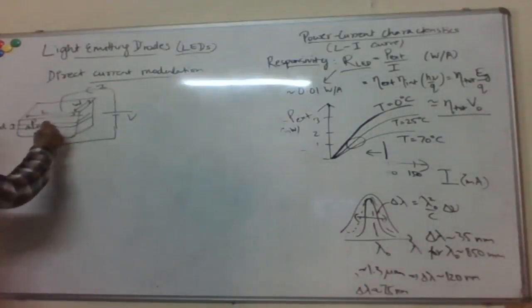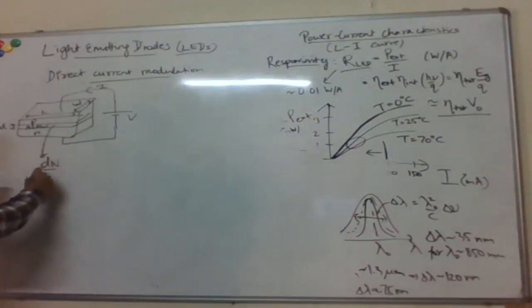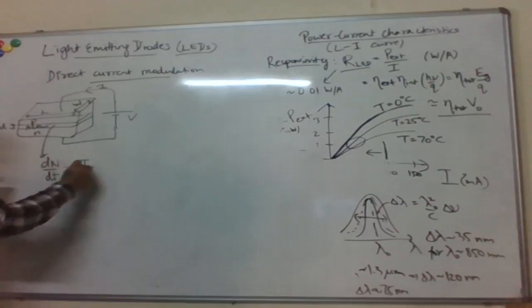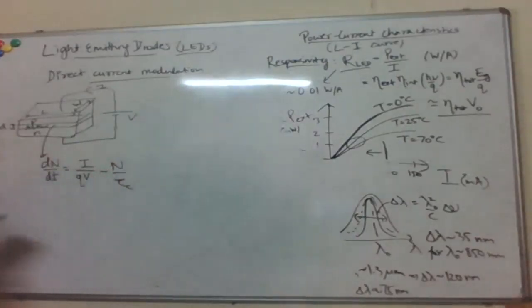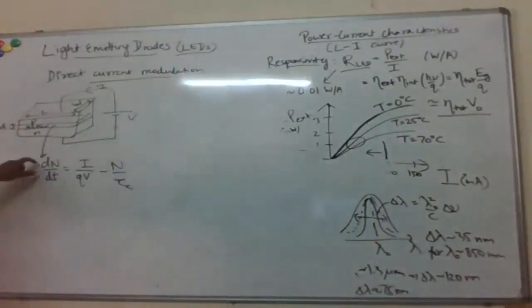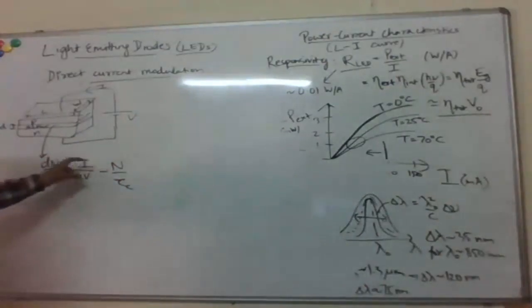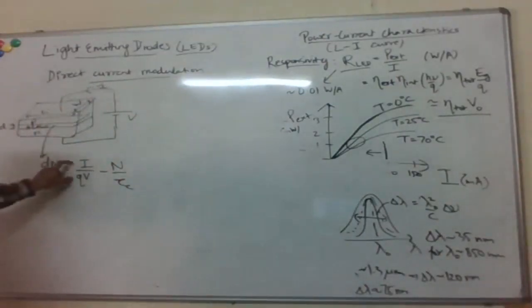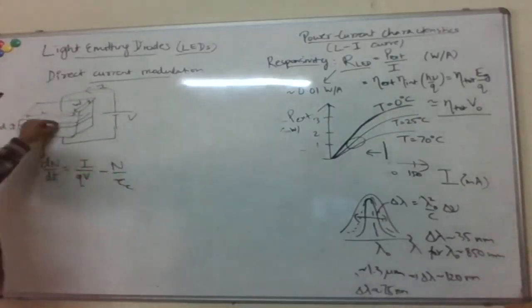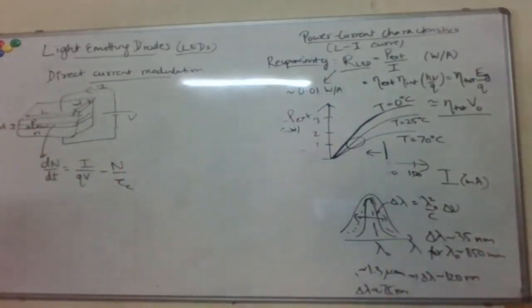Again, if you look at the carrier concentration in the active region here, we saw that you can write the rate of change of the carrier concentration in the active region as a sum of two parts. This is due to the carriers injected due to the current into the device, and this is due to the recombination happening in the active region.